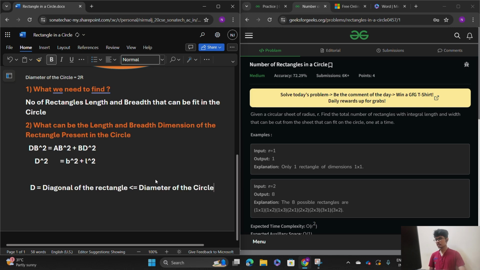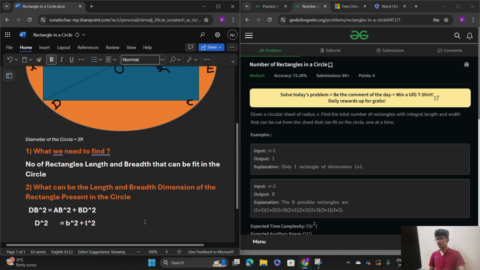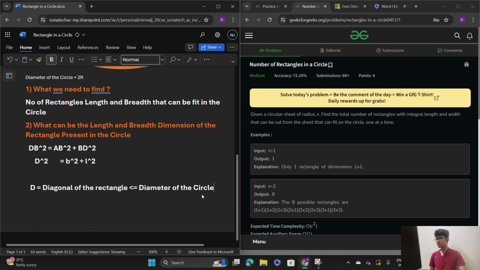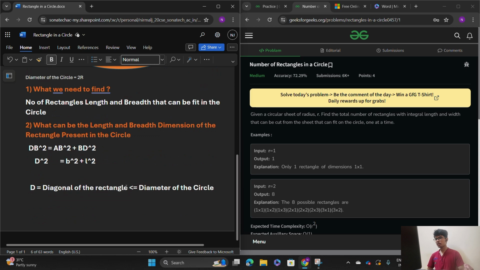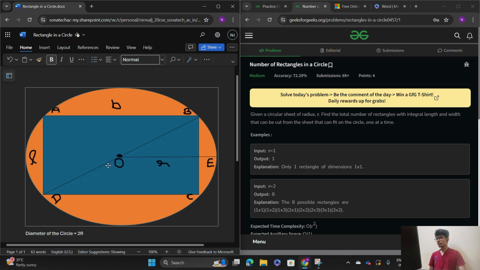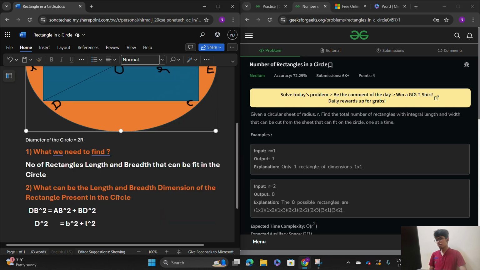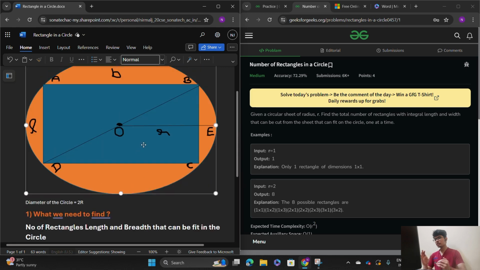The diameter of the circle is 2r, and the diagonal of the rectangle we don't know, but to fit into that circle, surely it should be less than or equal to the diameter of the circle. It can't be greater than the diameter of the circle.